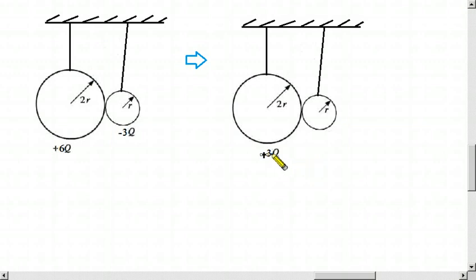The negative 3 mixes with the positive 3 from this 6q, and they destroy each other, and the remaining value is 3q, positive 3q.